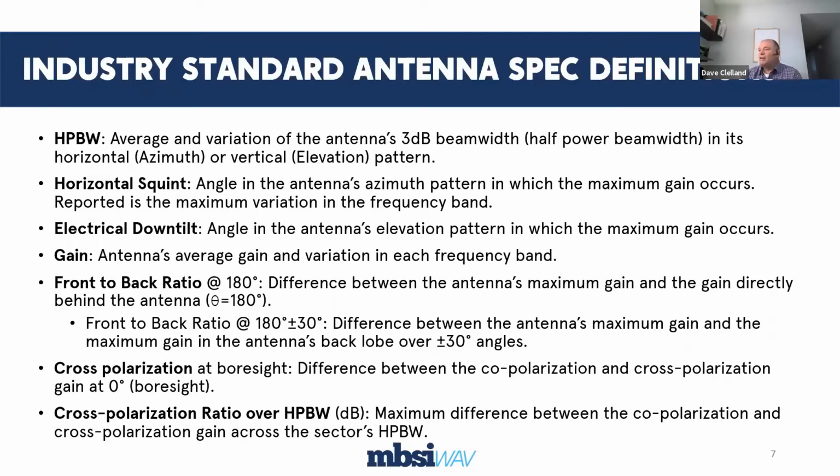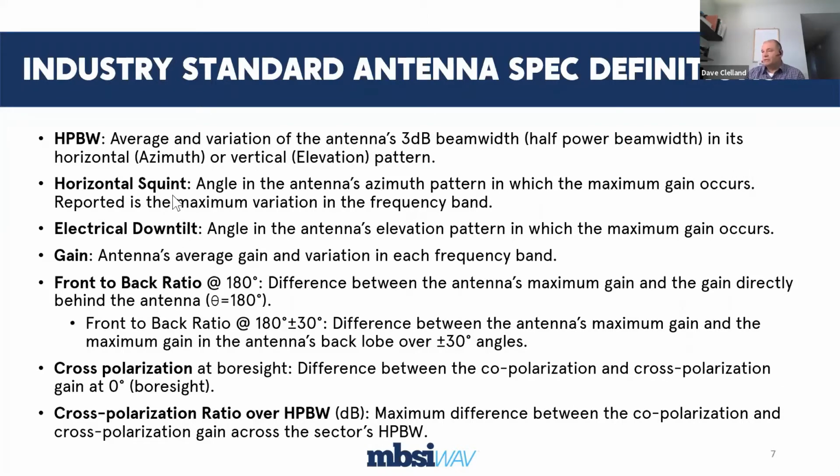So the roll off past the 3 dB point is much less in a multiple port dual slant antenna than it is in, for example, a standard vertical or horizontal polarity sector antenna that we might be used to using in the 5 gigahertz band.